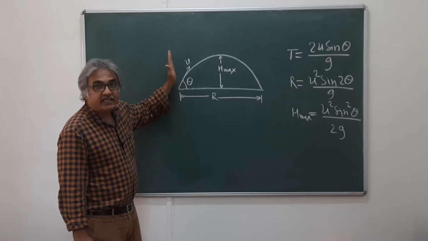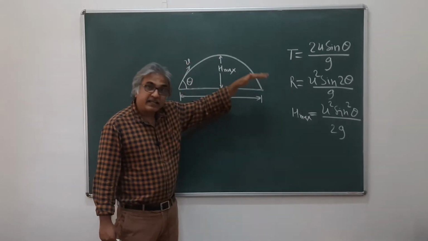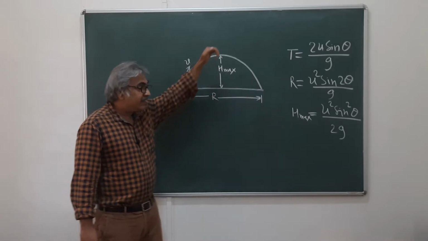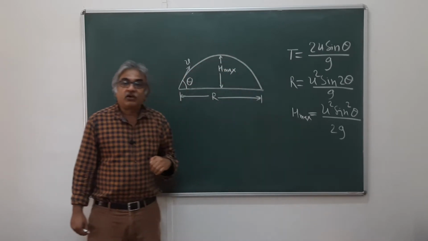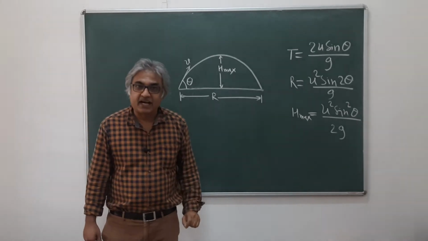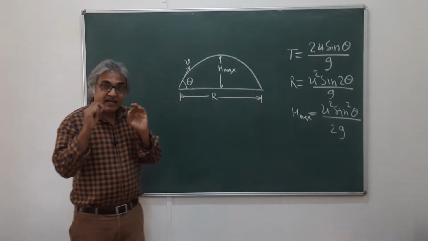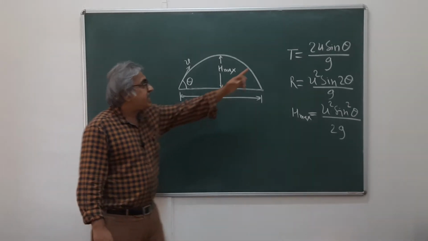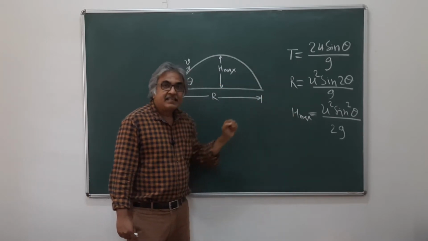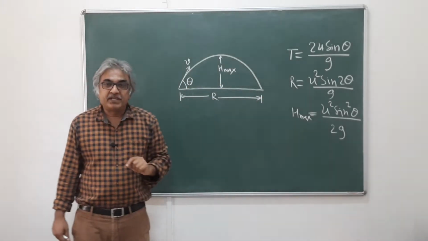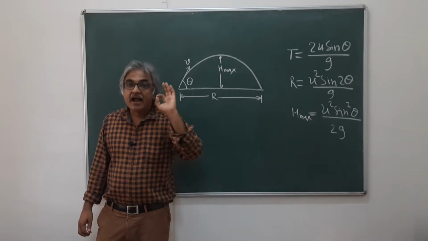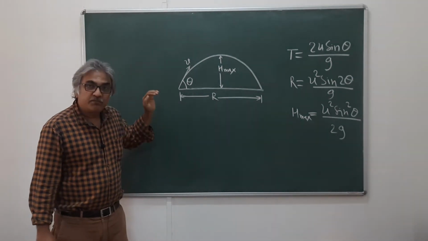So if it is u sine theta, when it reaches the ground at the same level, then it will come down at a velocity of minus u sine theta, right? And based on this assumption, we have derived this. It means these formulas are applicable only and only to ground to ground projectile.